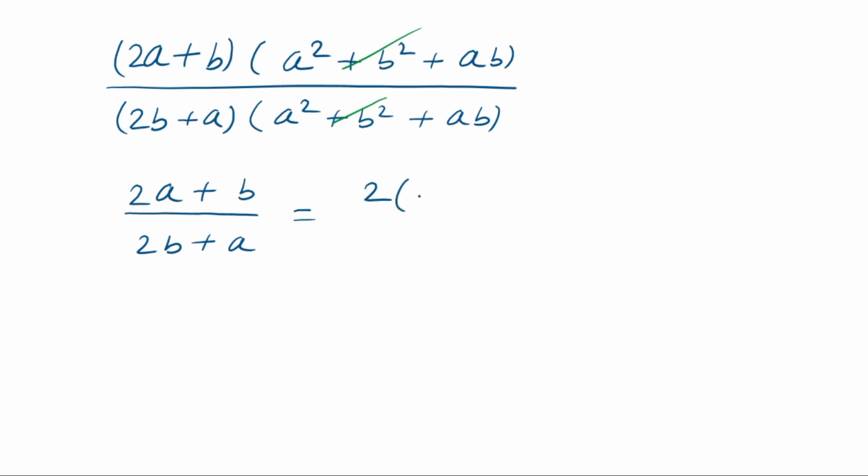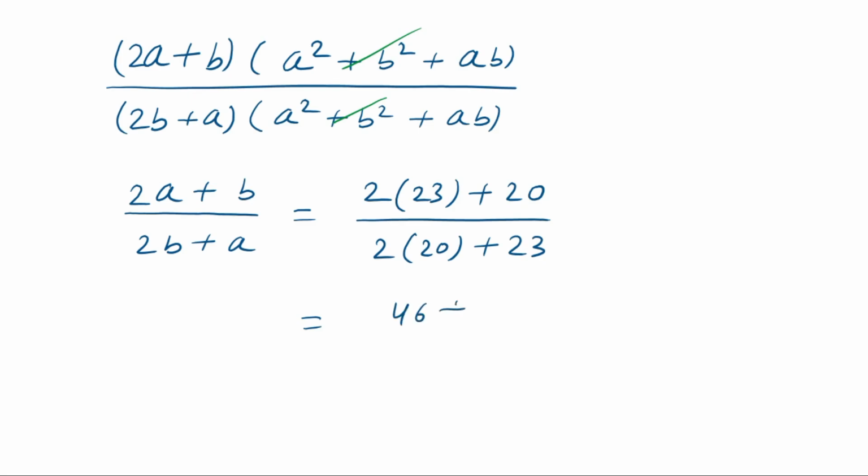So 2 times 23 is 46 plus 20, divided by 2 times 20 is 40 plus 23. This equals 66 divided by 63.